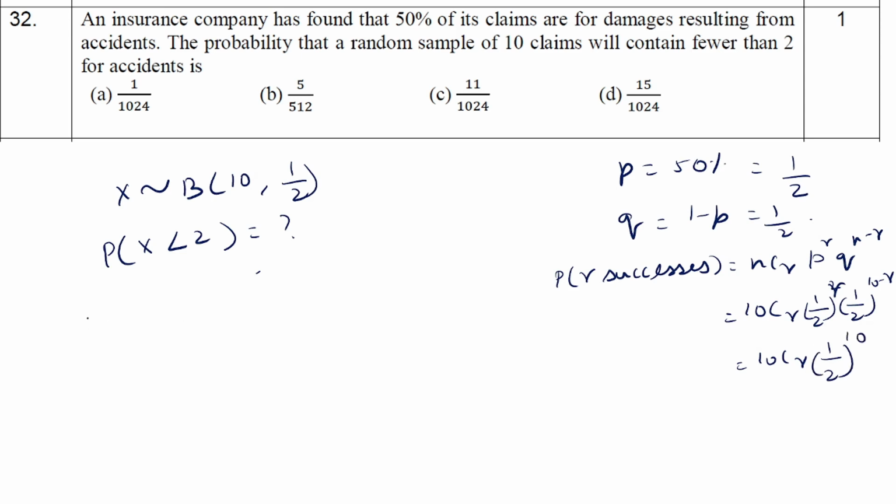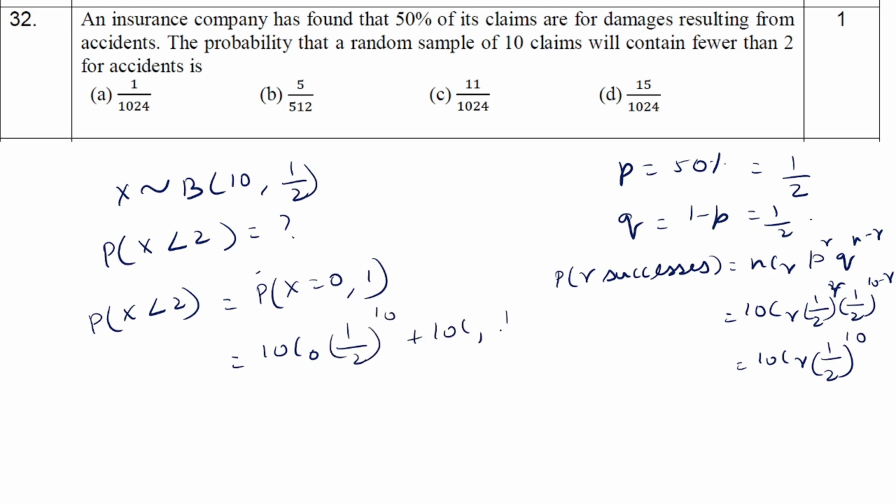Now we need to find probability of x less than 2. Probability of x less than 2 will be probability of x is equal to 0, 1. So this is equal to 10C0 into half raised to 10 plus 10C1 half raised to 10.